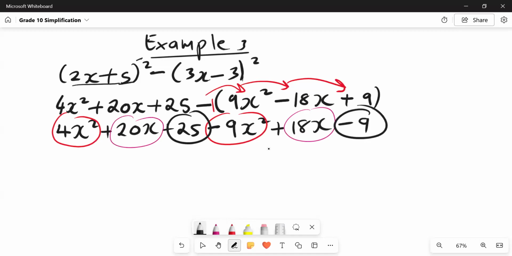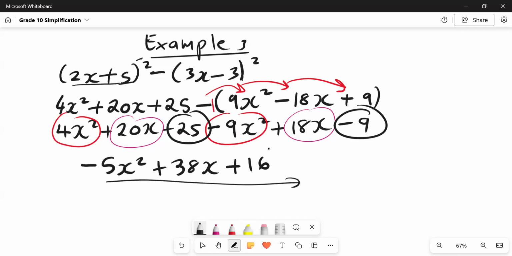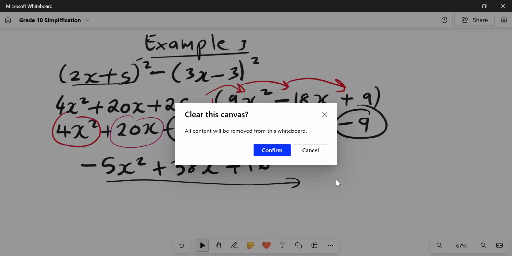So 4 minus 9, that's minus 5x squared. 20 plus 18, that's plus 38x. And then 25 minus 9, that's plus 16. Then we are done simplifying the sum. Simple as that. Now let's move to example 4.